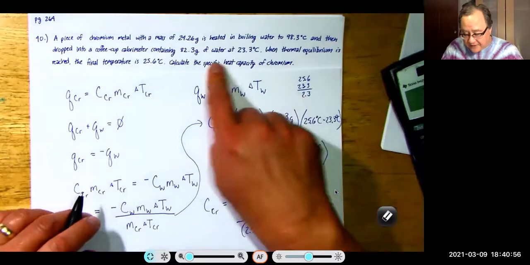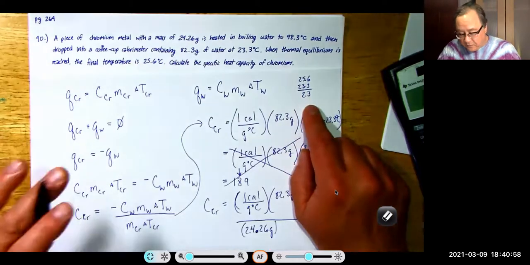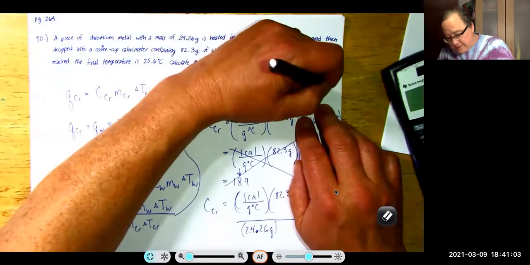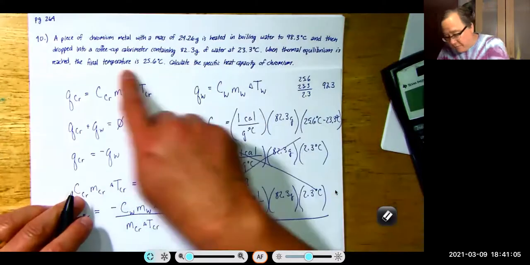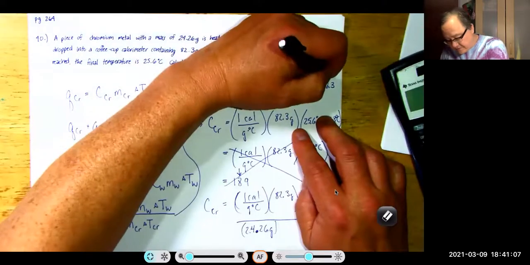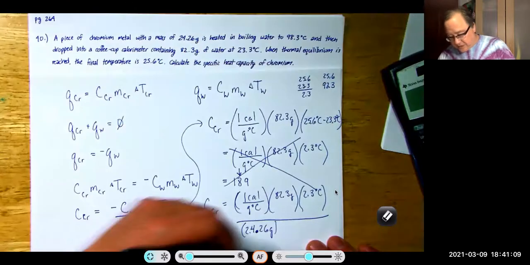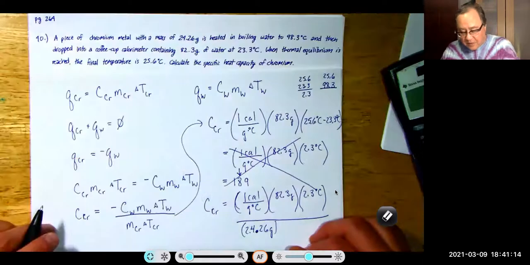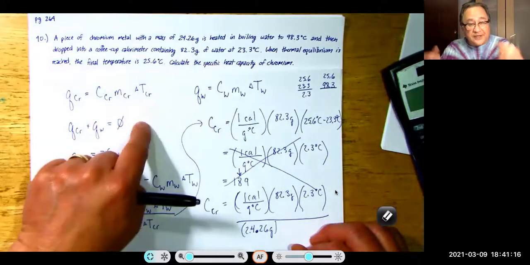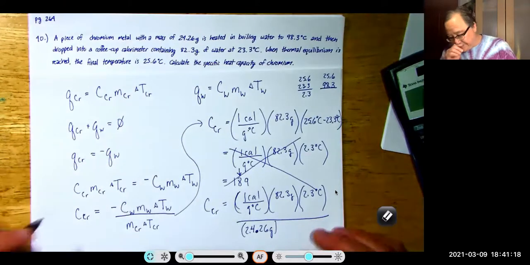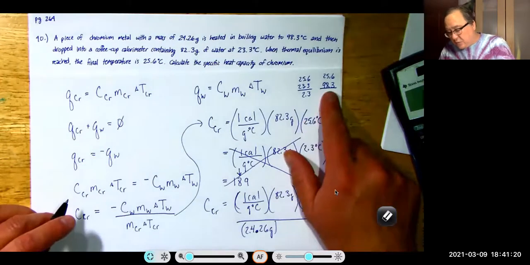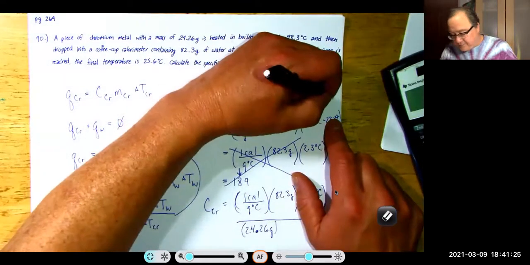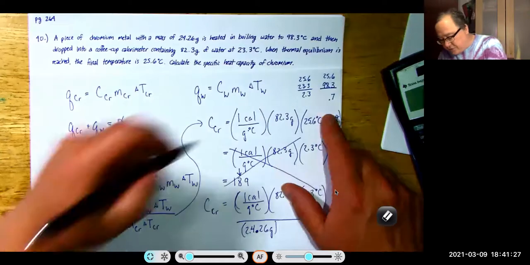We have that the initial temp was 98.3 and the final temp was 25.6. So here, the temperature goes from a high number to a low number, which is a negative temperature change. So here we have basically 3 minus 6 will give you 7. 7 minus 5 will give you 2.